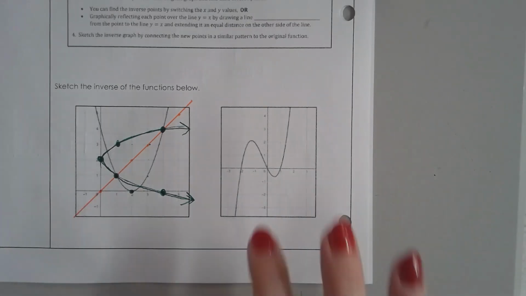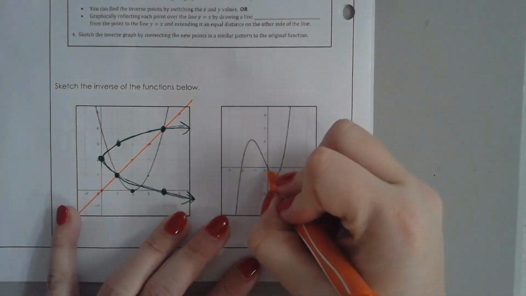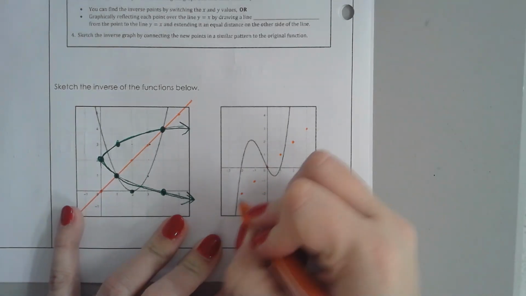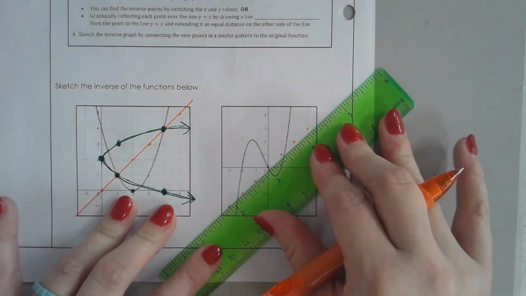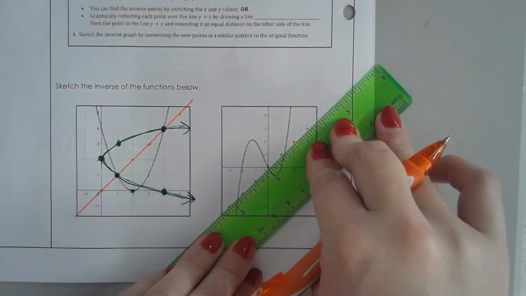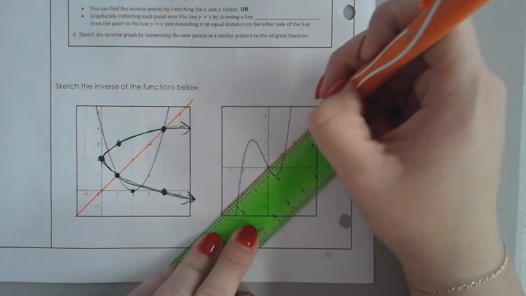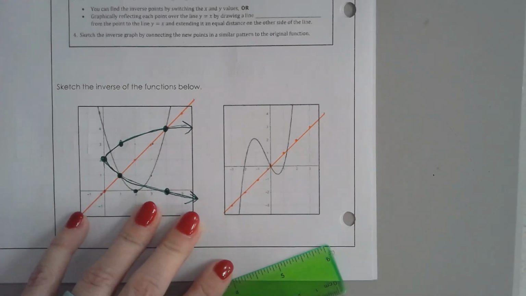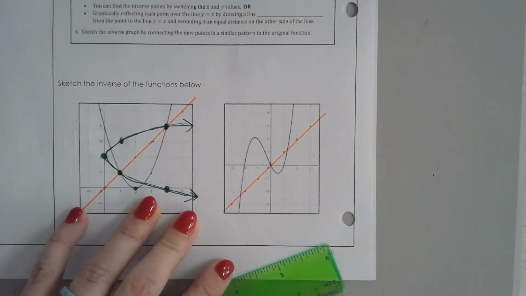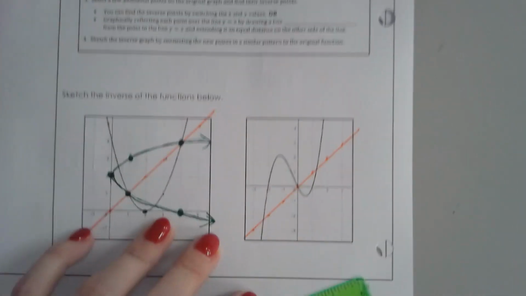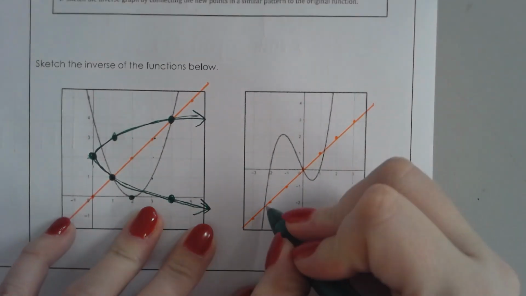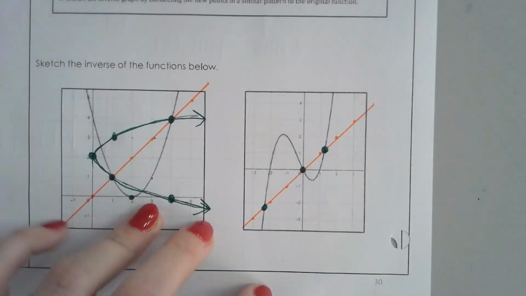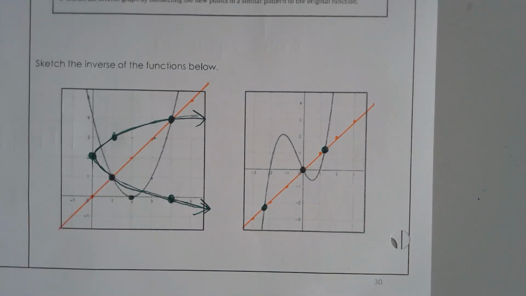So for this other one, you really could probably just do this by making a table and picking out as many points as you can. Any point that falls on my orange line here is going to be on the inverse. That's going to be part of my inverse.